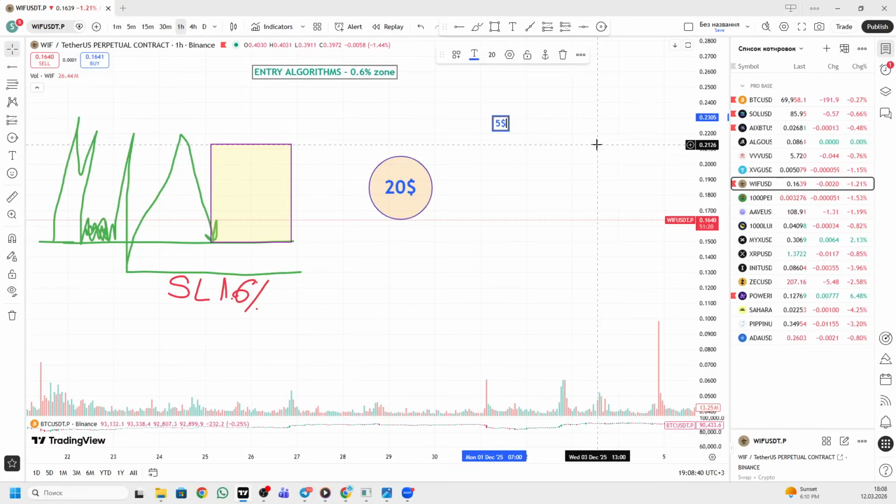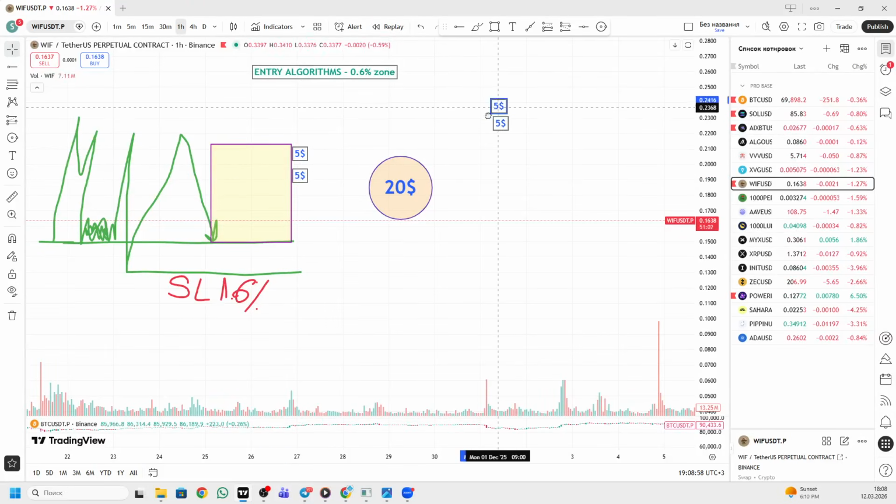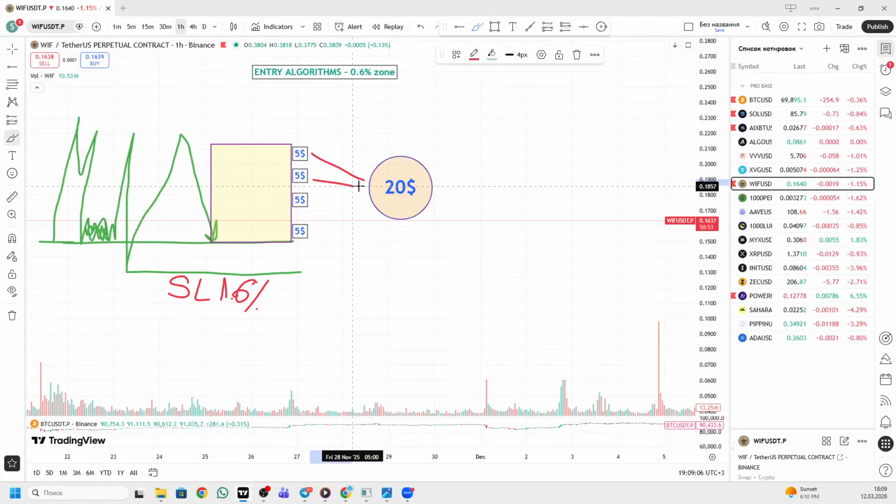$5. We split this zone equally, evenly, like this. This is your $20. Your first limit order, then second, third, and fourth. We have $20 split into 4 parts.